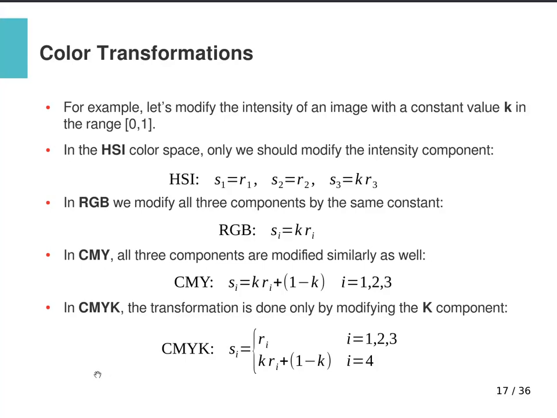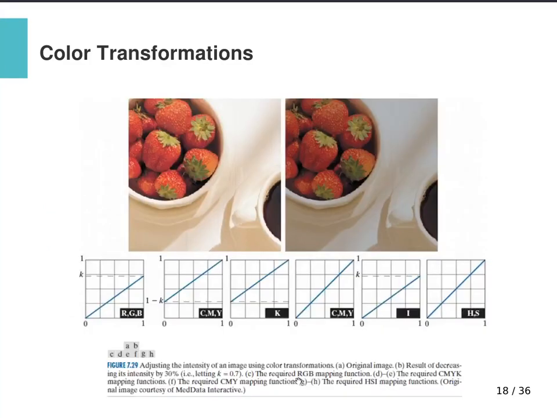And finally, if you want to do the same transformation in the CMYK color model, the first three components, cyan, magenta, and yellow, remain the same, while you only apply the transformation to the black component of the CMYK model.